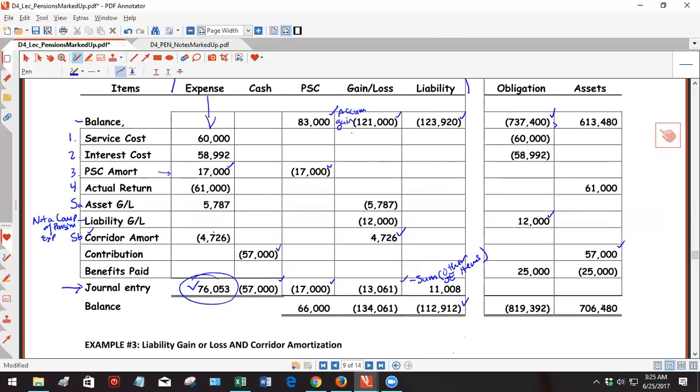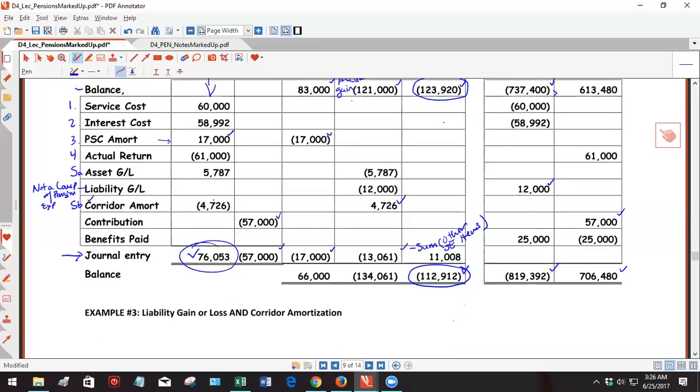You know that the net funded status is 819,392 minus 706,480. So you can calculate the 112,912 and the 123,920. You can calculate that before you even do your journal entry. So you know what your answer is going to be.